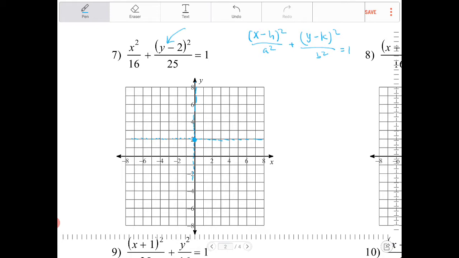And that is purposeful because I want to figure out the x-coordinates to the left and right of the center. So in this case, x will be plus or minus 4. So it's going to be located over here.